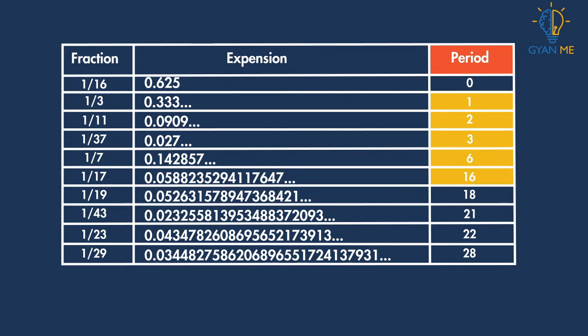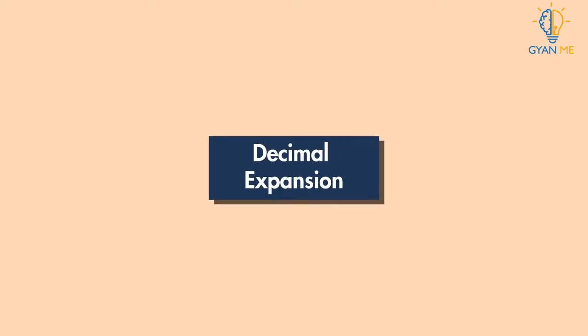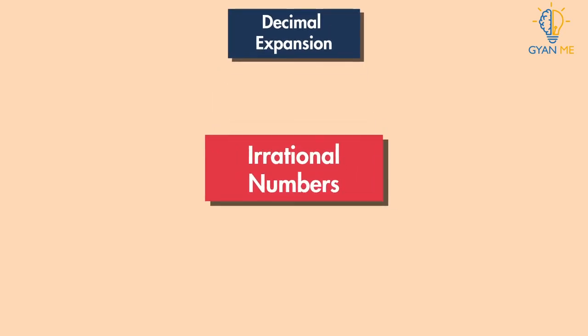For some it may be 18, 21, 22, 28 and so on. In some cases, the period of decimal can also be 0, which means that there are no group of digits which are getting repeated. So students, we have seen the decimal expansion of rational numbers.